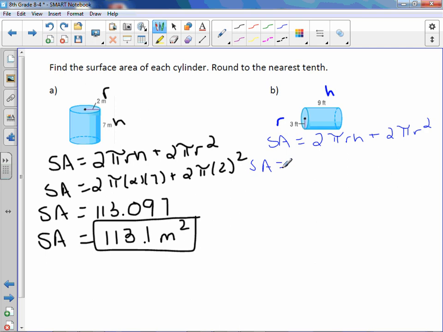Surface area equals 2 pi times 3, which is our radius, our height of 9, plus 2 pi times our radius of 3 squared. Plug it in your calculator, and you get 226.2 square feet.